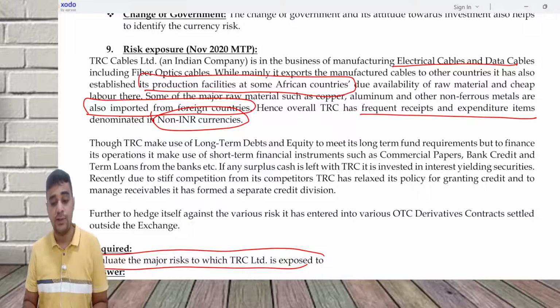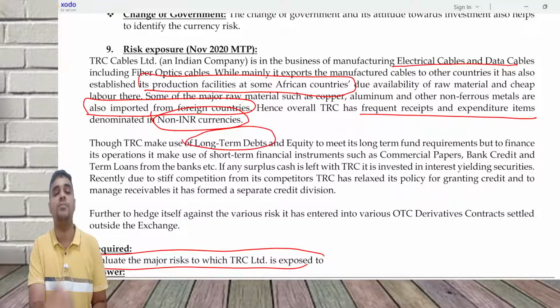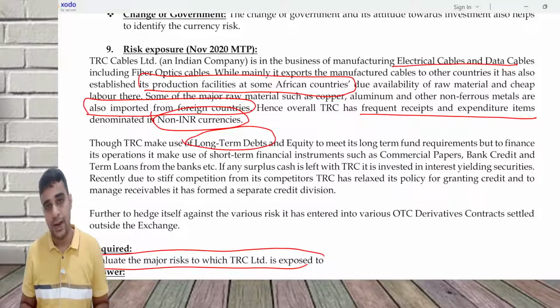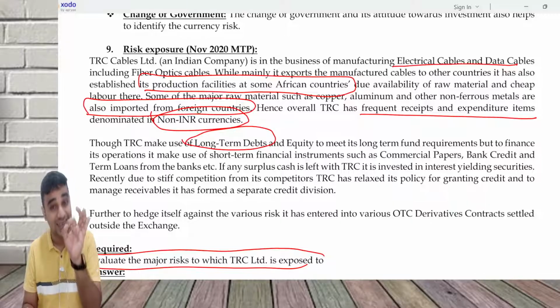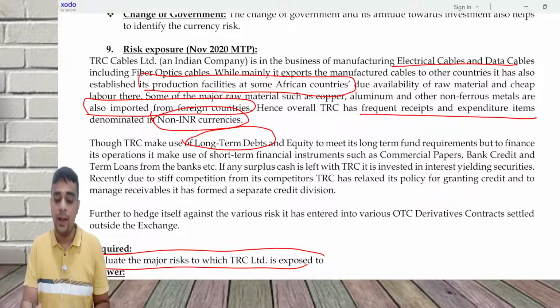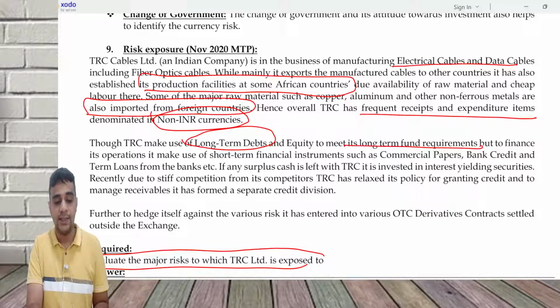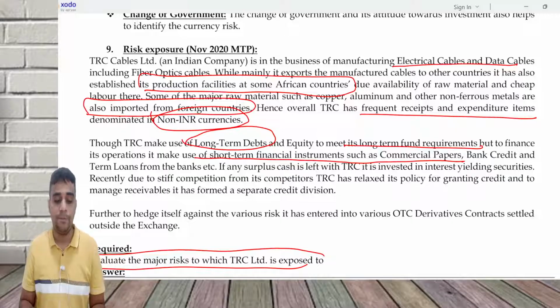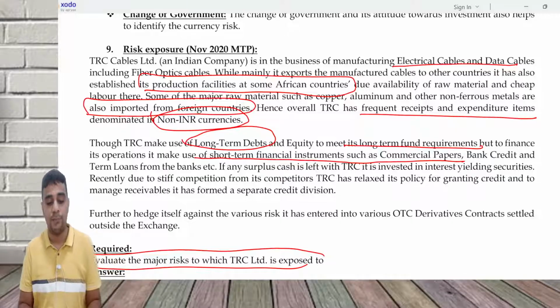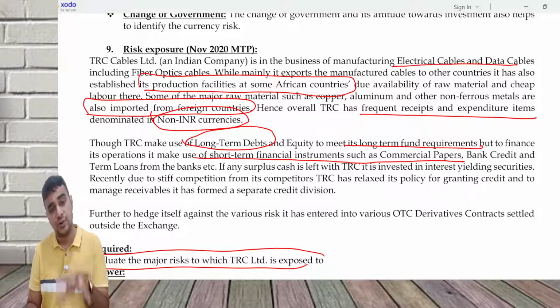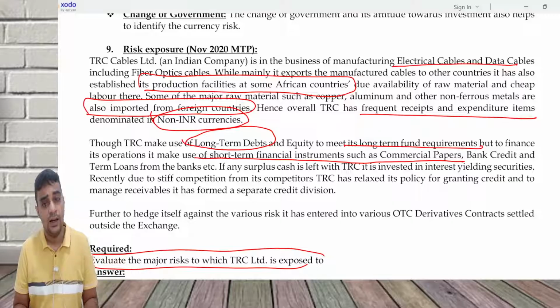TRC makes use of long-term debt and equity. Moment you have any debt in your balance sheet, you are also exposing yourself to interest rate risk. To finance its operations, it also makes use of short-term financial instruments such as commercial paper, bank credit, and term loans from the bank. So there is also the risk on the interest rate side.